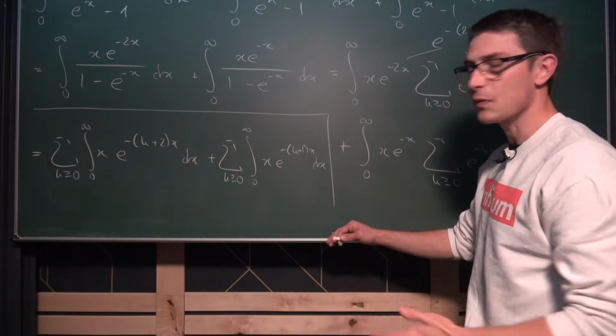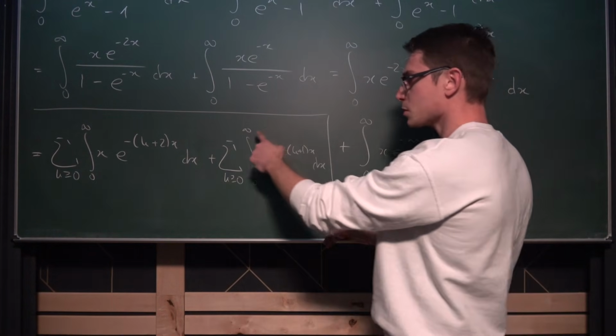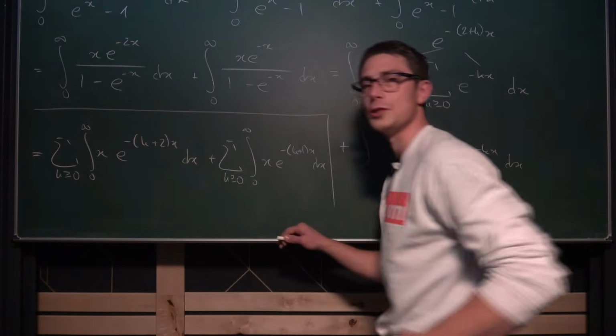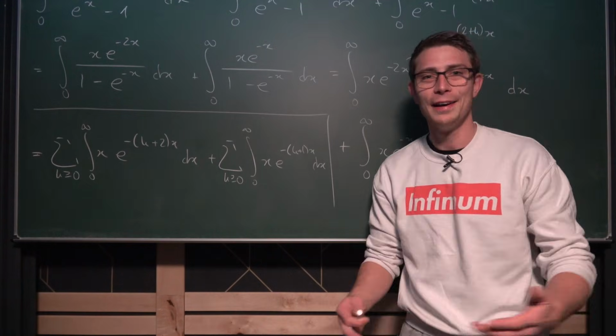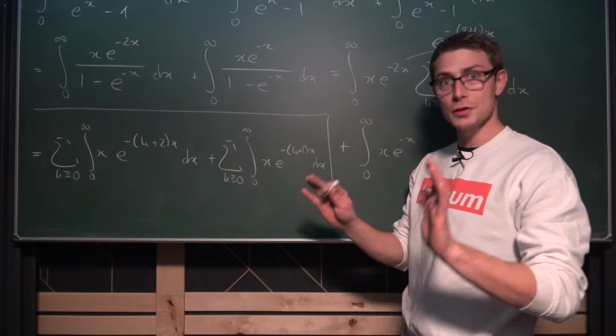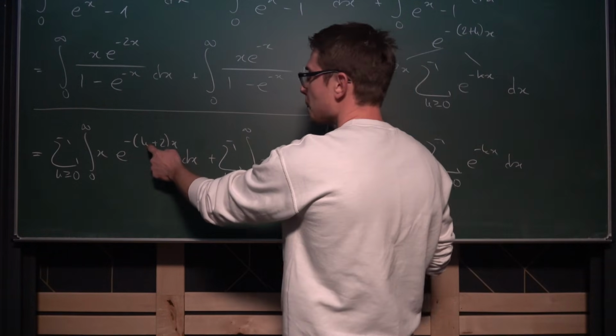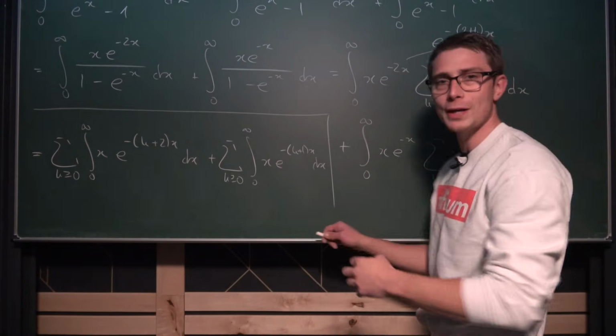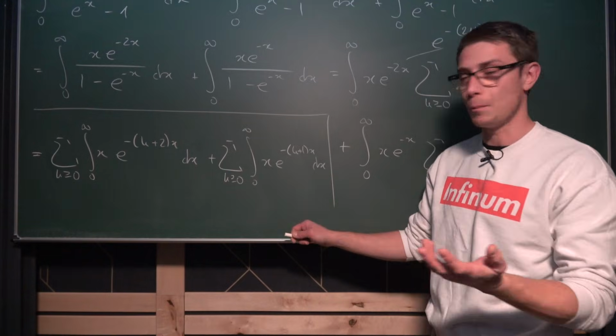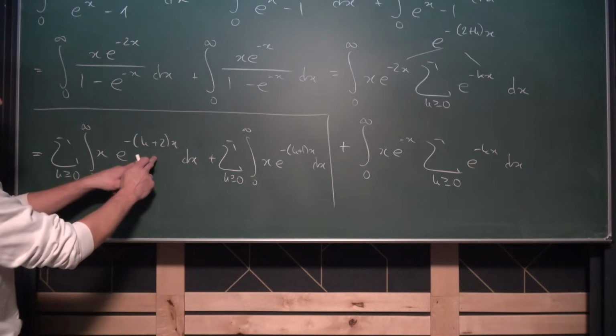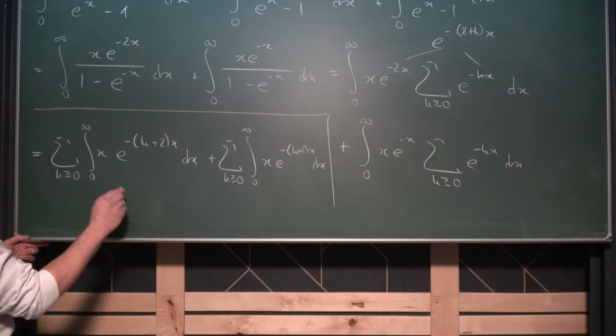Okay, next thing we are going to do, those should seem pretty familiar to you if you have watched the channel for a while by now. We're going to introduce a simple substitution now. We are going to let, respectively, k plus 2 times x or k plus 1 times x be equal to t on both integrals. So let's do just a simple substitution over on this part.